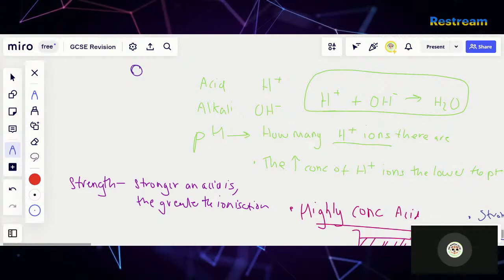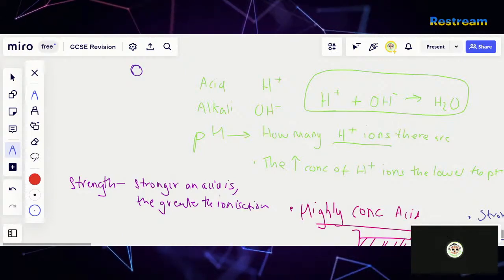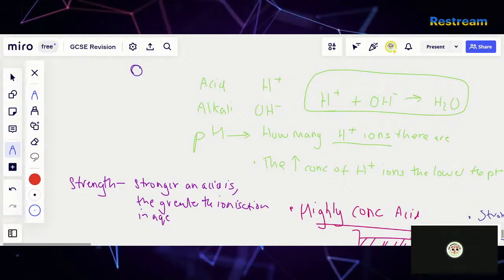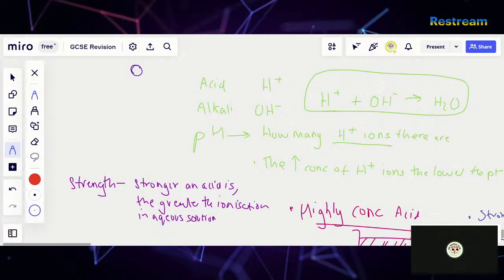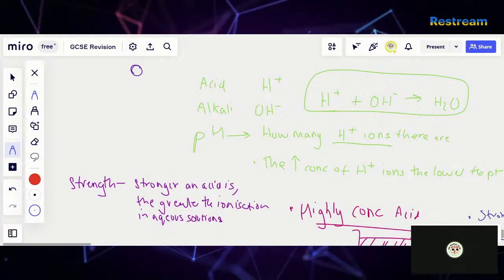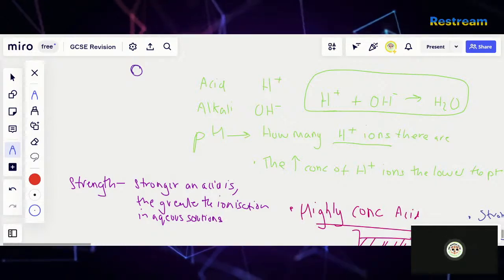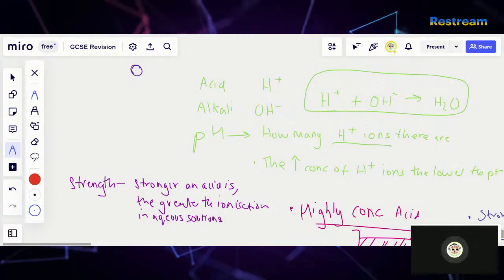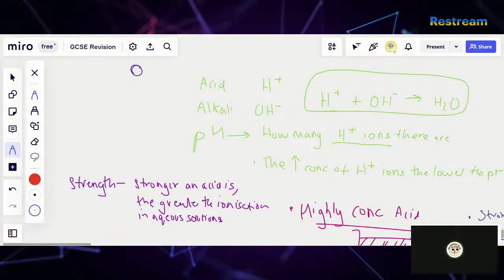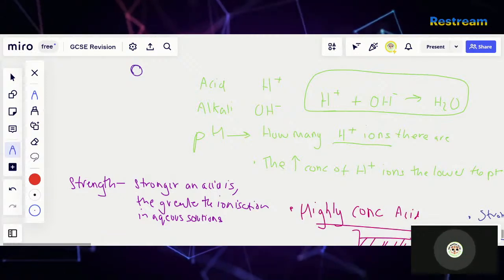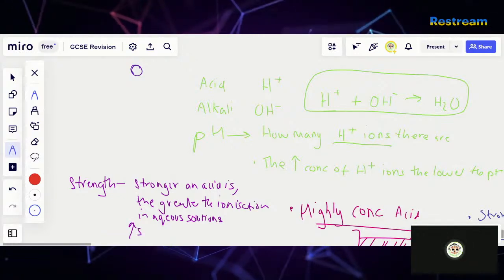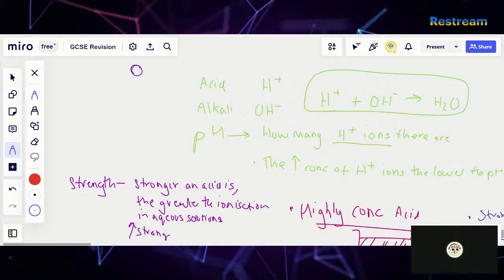So the greater the dissociation is another way of putting it in aqueous solutions. The stronger an acid is, the greater the ionization in aqueous solutions. So the stronger the acid, the lower the pH.